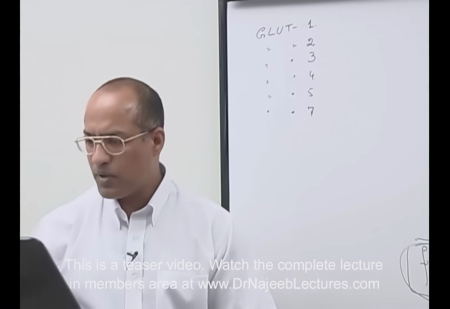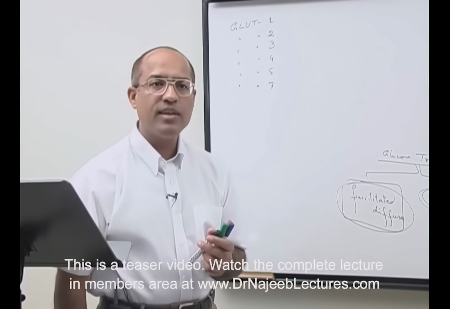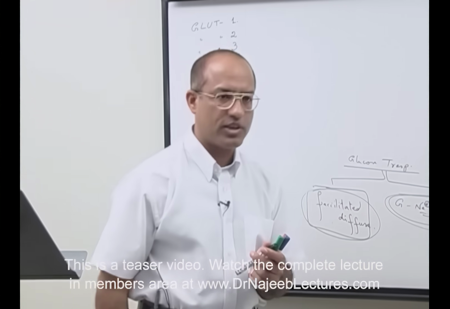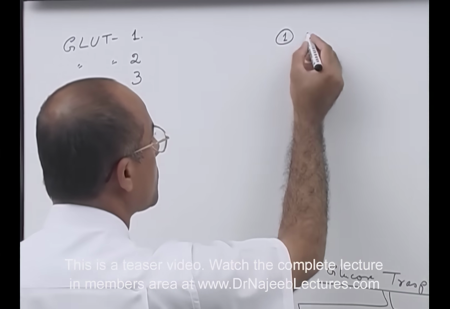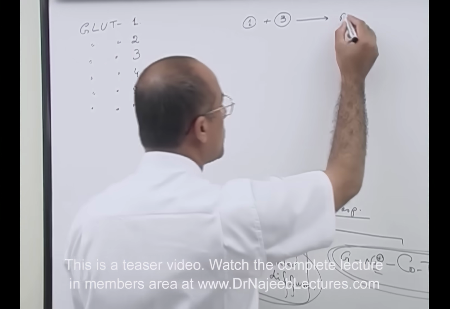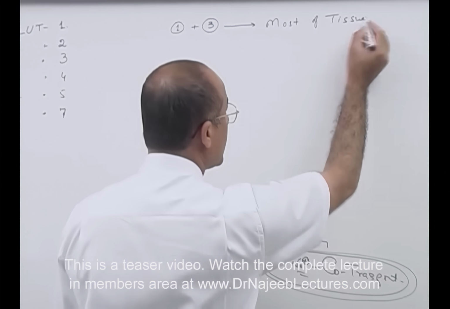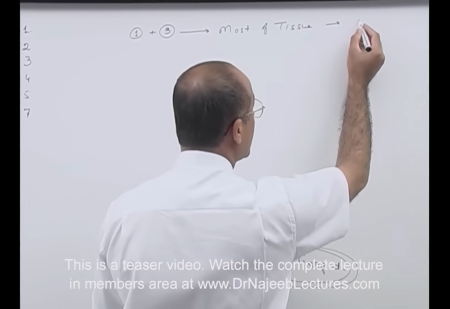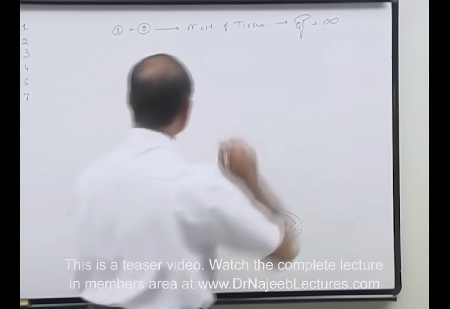Type 1 and type 3 glucose transporters are present on most of the tissues, especially on the central nervous system and RBCs.